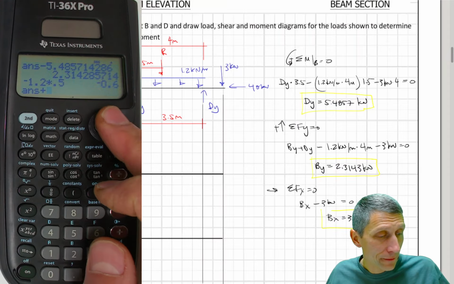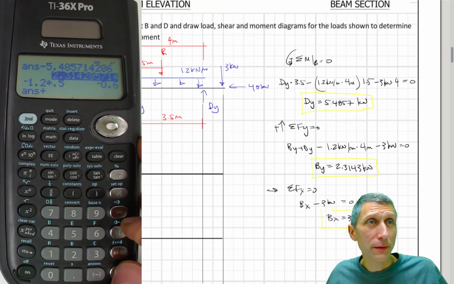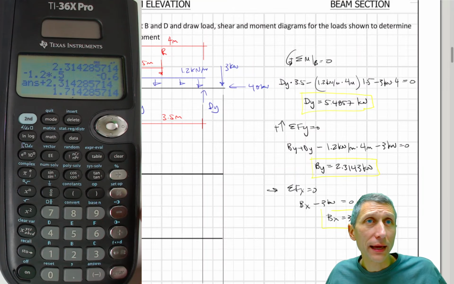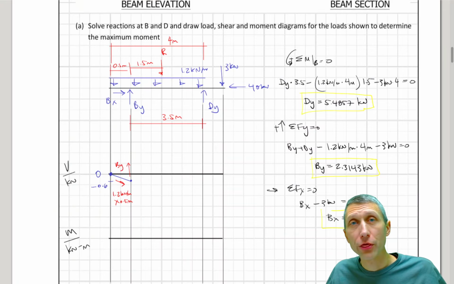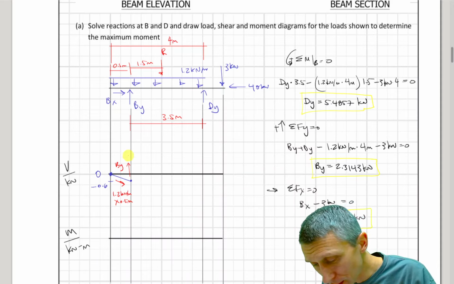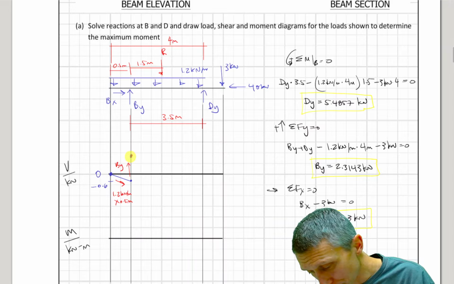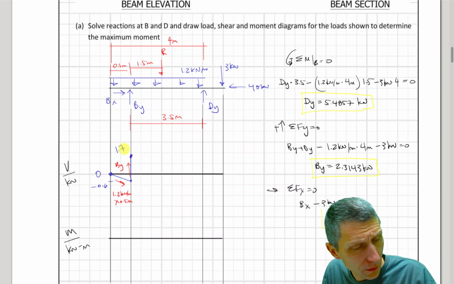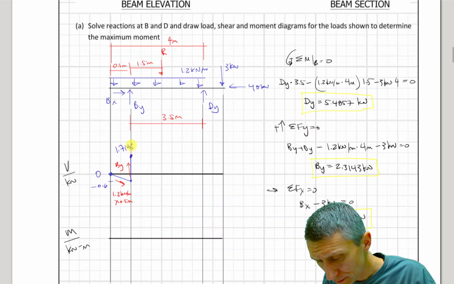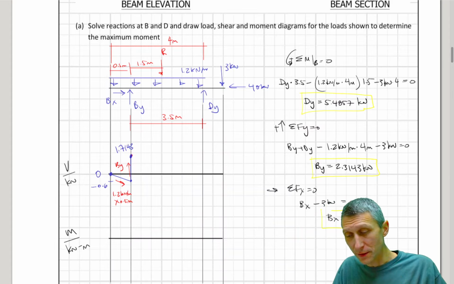Then I have to add in my BY reaction. BY is going to be 2.3143, and if I add that in, I get 1.7143. So BY is going to bring us all the way up to here. That's going to be 1.7143.